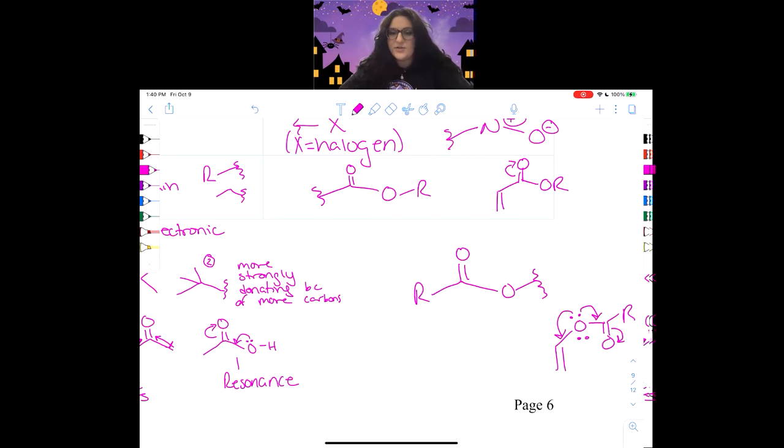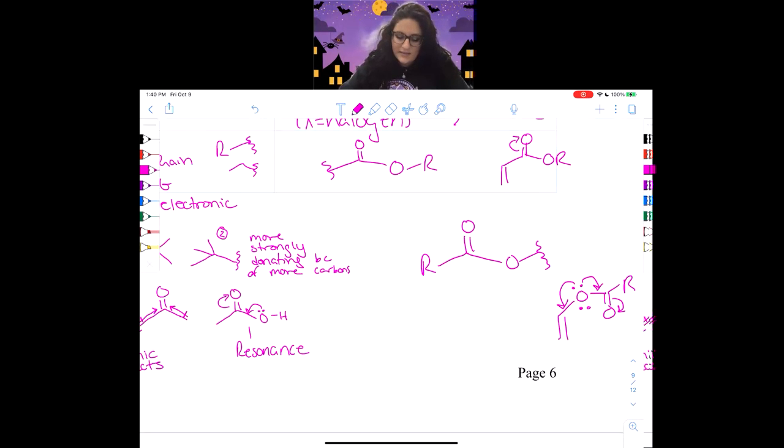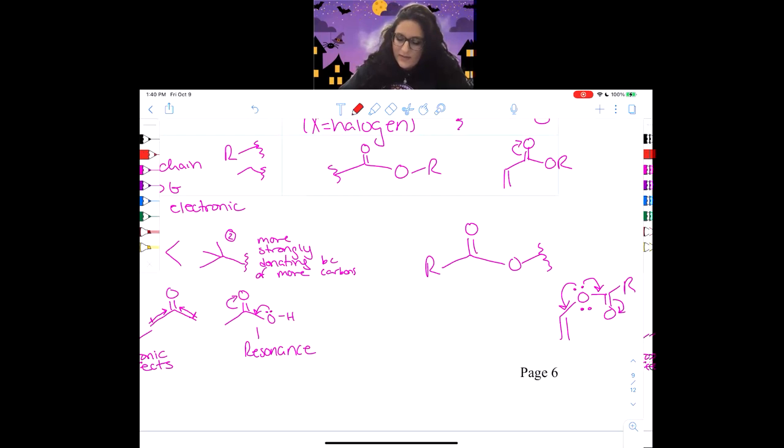If this looks really weird, don't bother drawing it out like that, because I know the arrows can get confusing. Just know that in this case, where it's attached at the carbonyl, it acts as an electron withdrawing group. But in the case where it is attached to the oxygen, it works as an electron donating group.